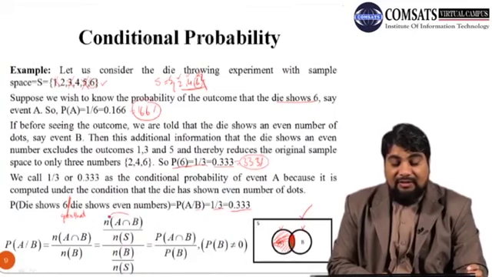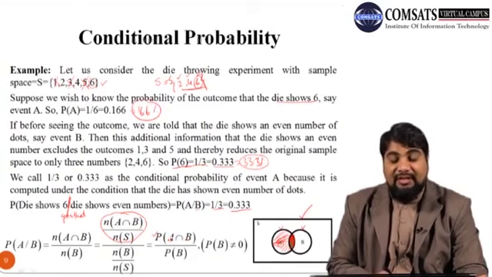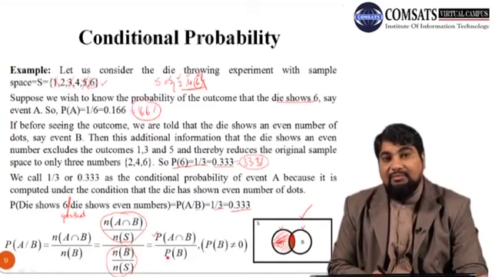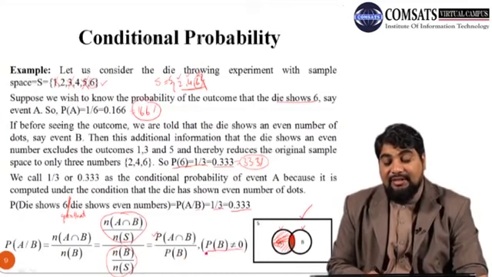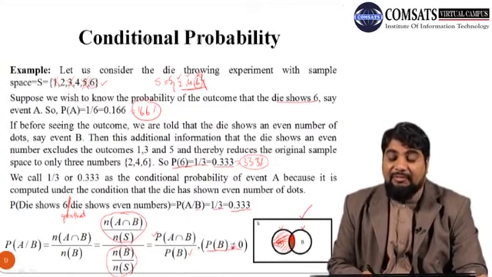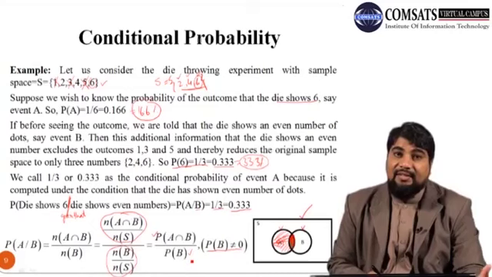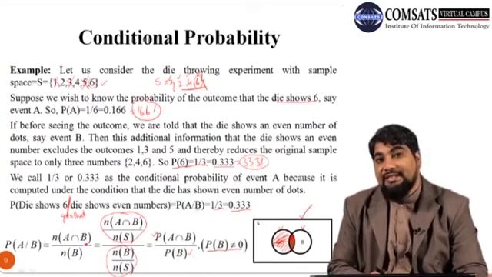The numerator N of A intersection B divided by NS is the probability of A intersection B, and similarly the denominator NB divided by NS is the probability of B. Here we have one condition: the denominator, the probability of B, should be non-zero, because anything divided by 0 leads to infinity, or we say that the probability of A given B does not exist.